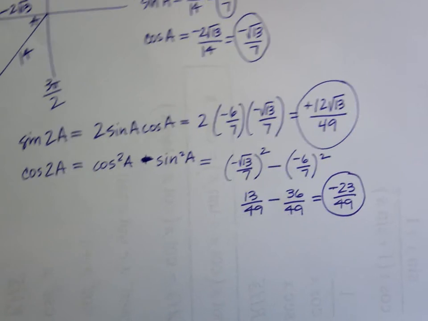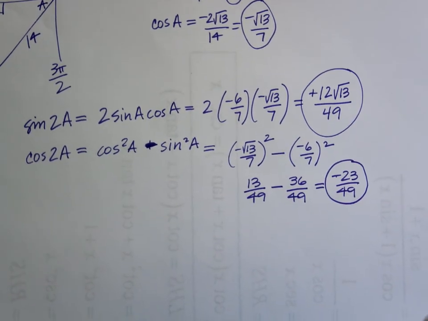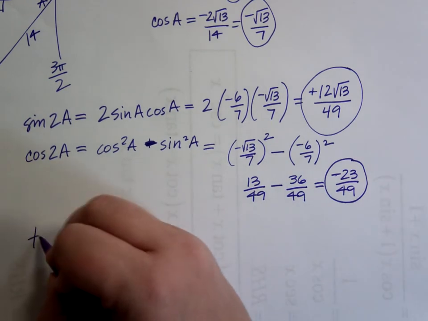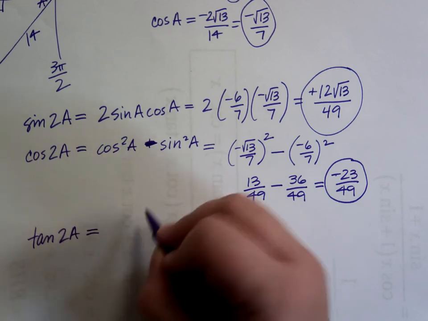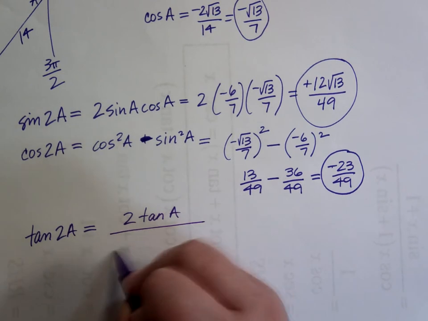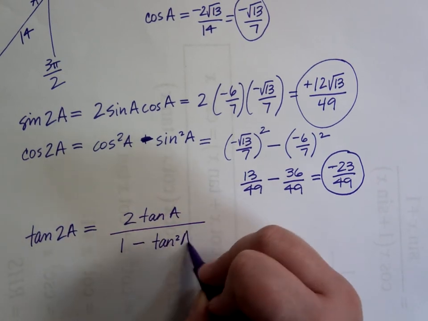Okay, now when I do the tangent, I could just do sine over cosine, but I'm going to go ahead and use this formula because it's sort of self-checking that way. It helps me check and make sure I did the right thing on the other two. So there's my formula.